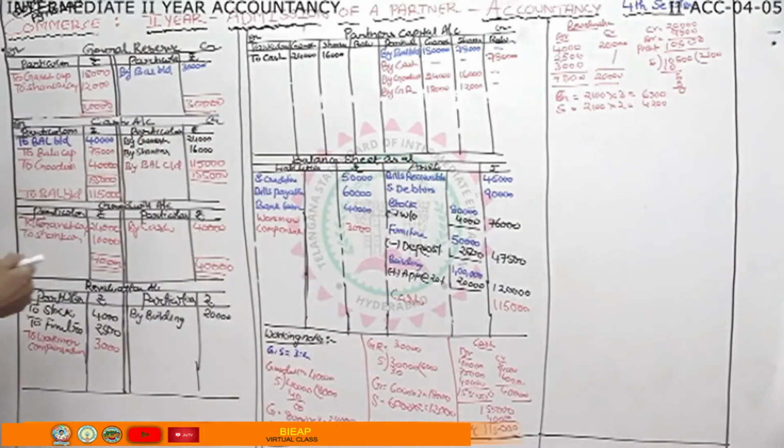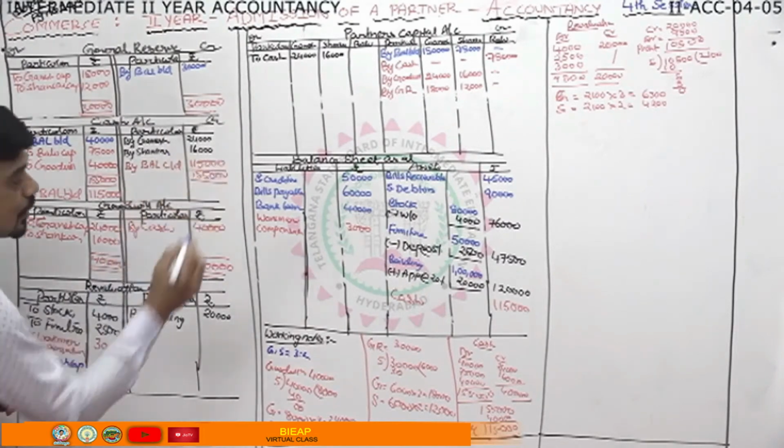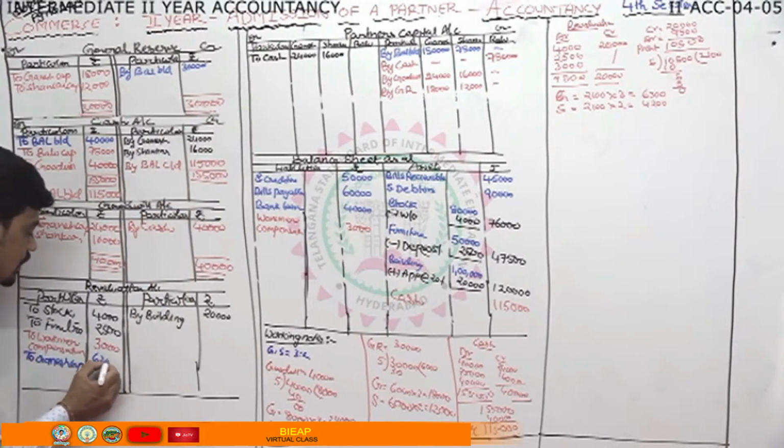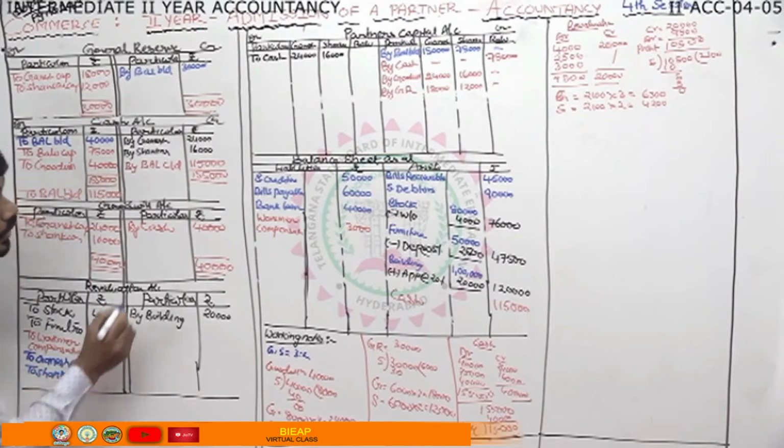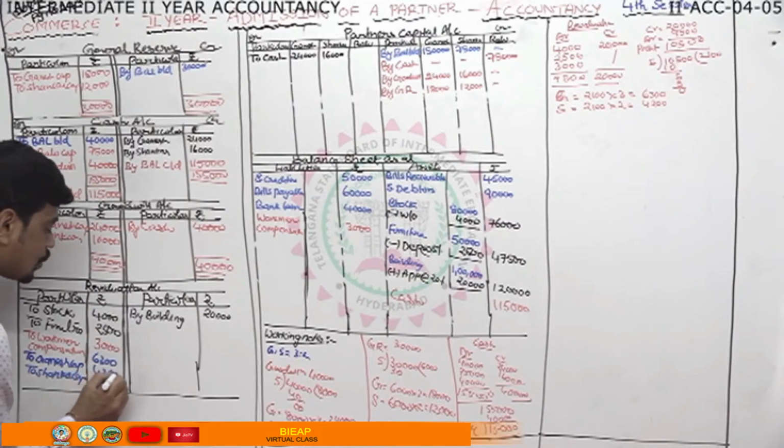So profit will be posted to the revaluation account first. So to Ganesh capital. How much did we get for Ganesh? 6,300. To Shankar capital, we got 4,200.